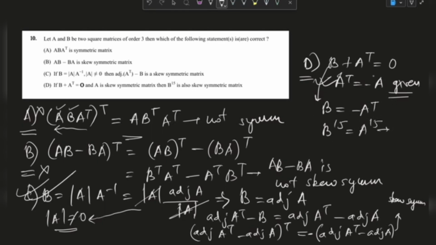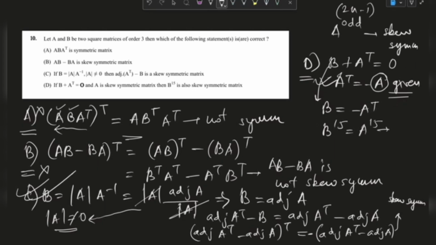And now as A is skew symmetric, A power any odd, that is of the form like 2n minus 1, A power any odd number will also be skew symmetric. If it was even, it could have been symmetric, but here it is odd. So basically I took 15. You can take any odd value that you want.